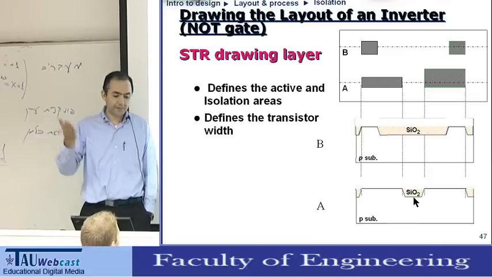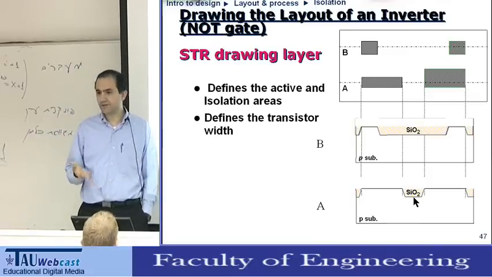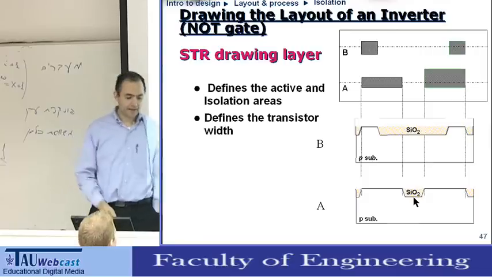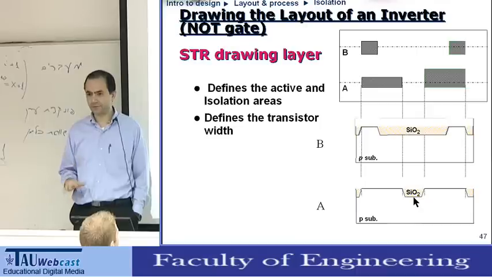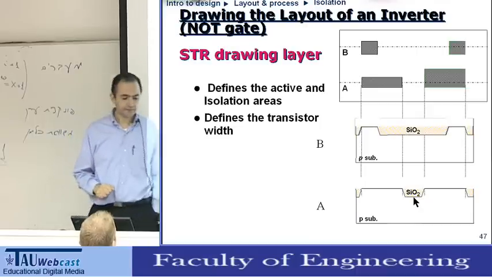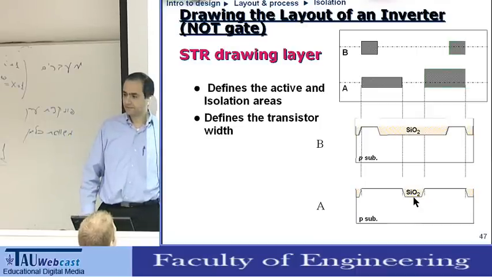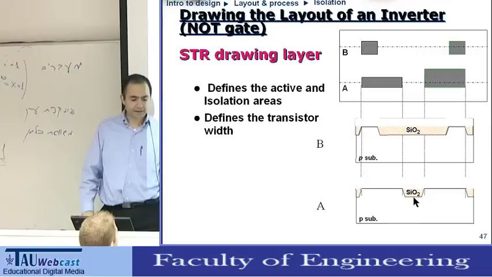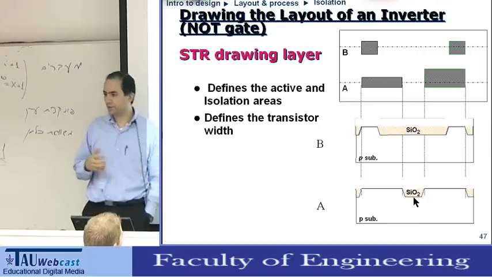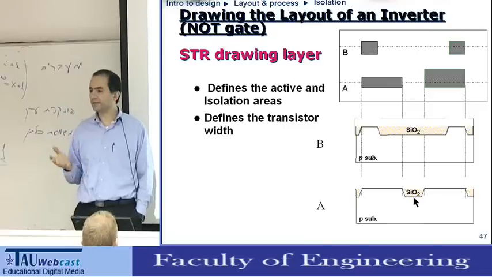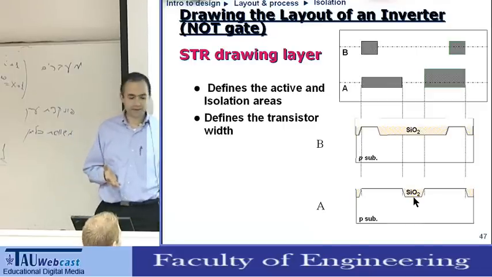We don't have an endpoint because we're etching into silicon, so it is time-based, okay? And the depth will be about 0.5 micron. The thickness of the isolation depends on what we want to get, but 0.5 micron is a typical value. Okay.